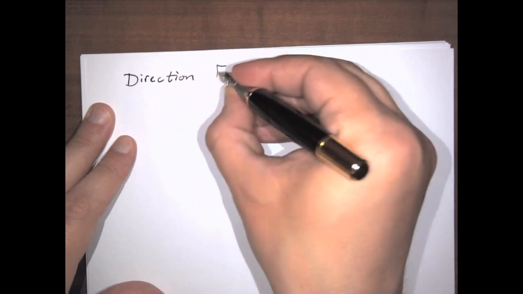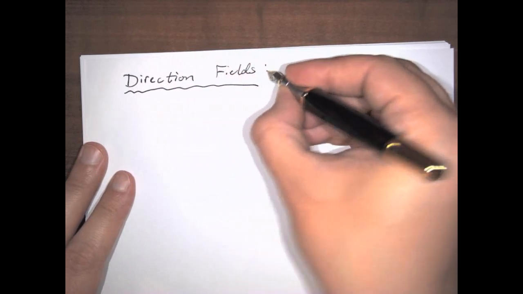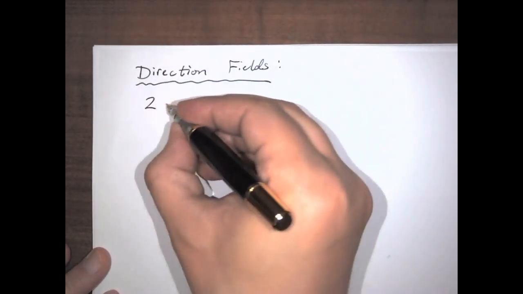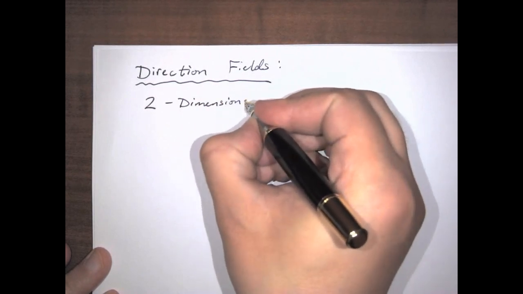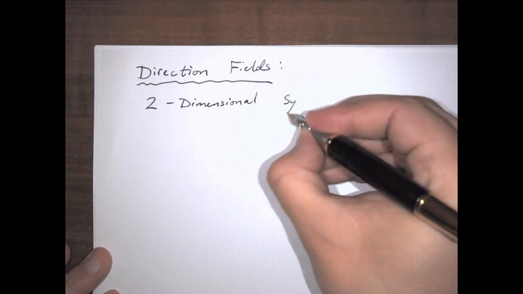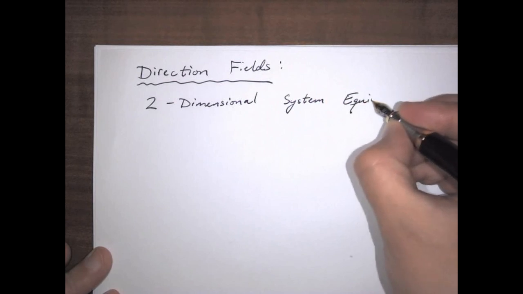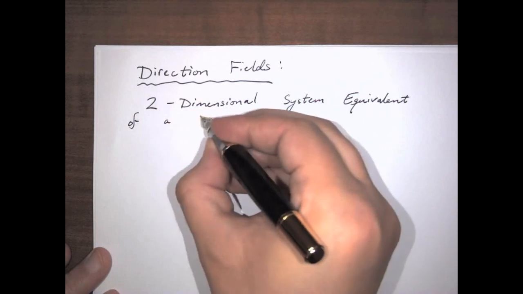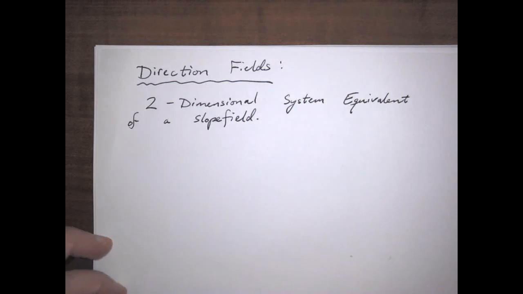Direction fields. This is what the system equivalent of a slope field is. This is the two-dimensional system equivalent of a slope field.